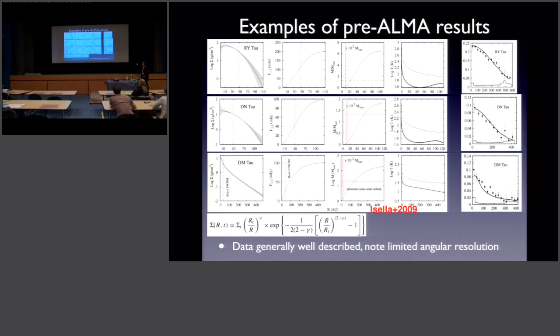So essentially, close to the center of the UV plane, you are tracing the large structures, all the structure, and at long distances on the UV plane, you are tracing the small-scale structures in the disk, okay? And these are the results of the fit, essentially. This one is the surface density distribution that you derive as a function of radius in the disk. This is in astronomical units, so that's the sigma, okay?